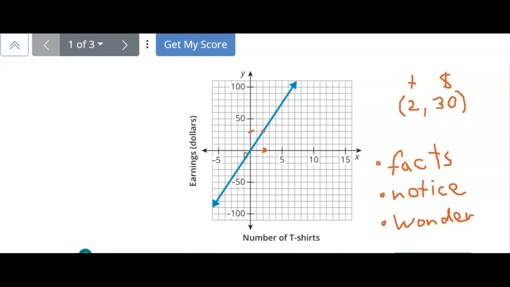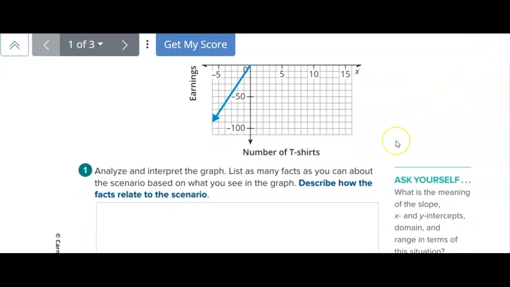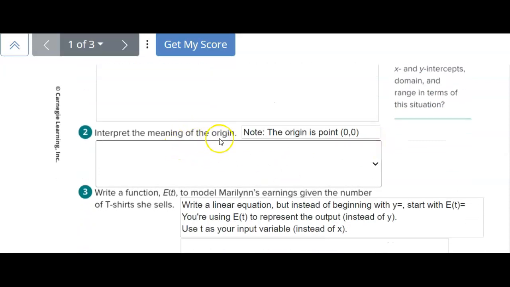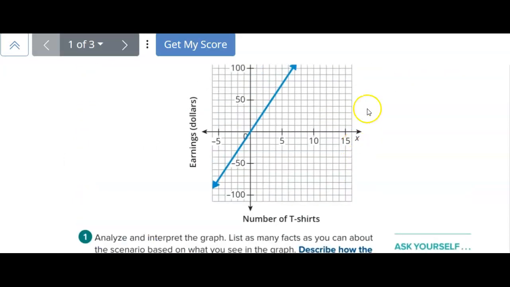So once you do that part, the facts you notice and things you wonder about, you'll go down here and you'll think about the origin. Now the origin is (0, 0). So the point you're talking about when you're thinking about the origin is this point right here.